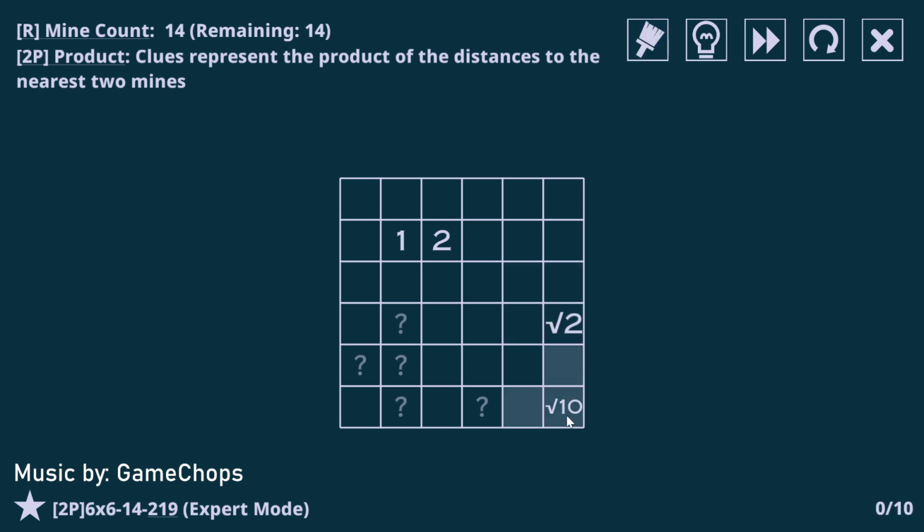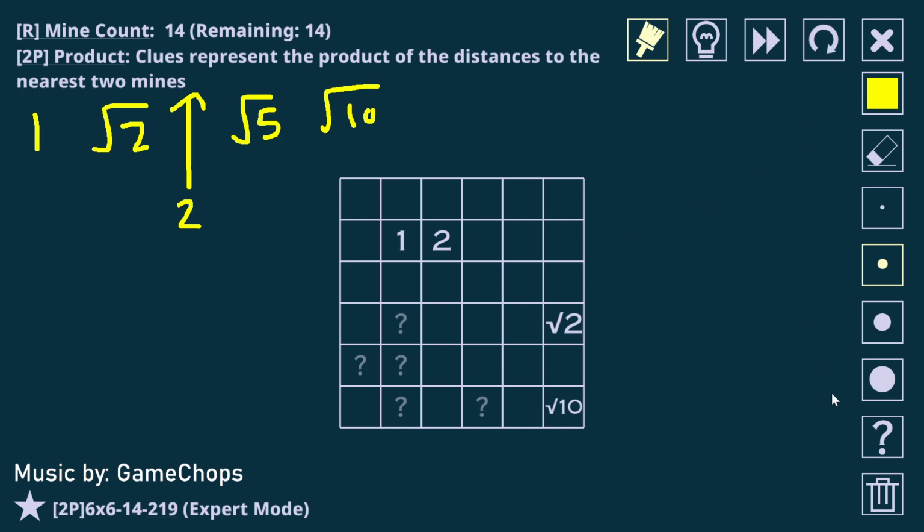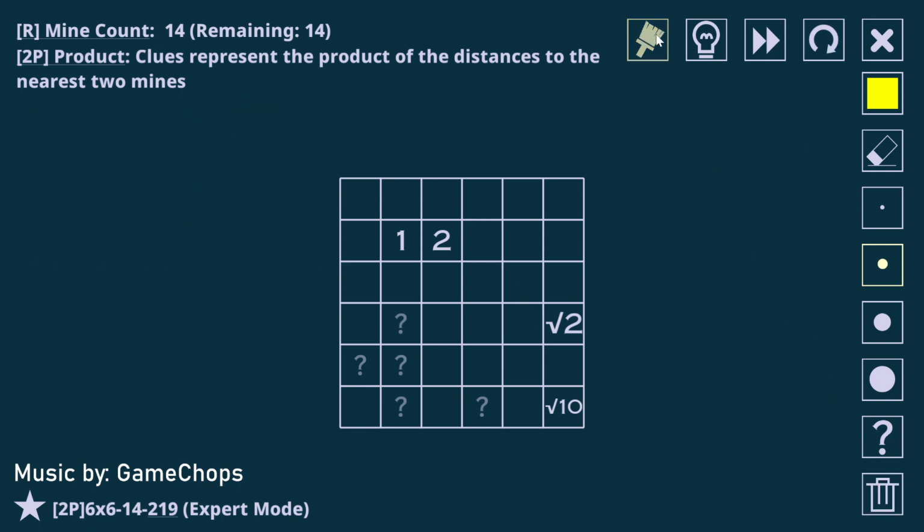Actually, this 10... What is root 10 away? Can we figure out what's root 10 away? Root 10 away would be... or it could be 3 and 1, right? So something that's root 10 away could be that cell is root 10 away. This cell is also root 10 away. So it is possible for this to be 1 and root 10, which I think is highly unlikely, but is entirely possible.